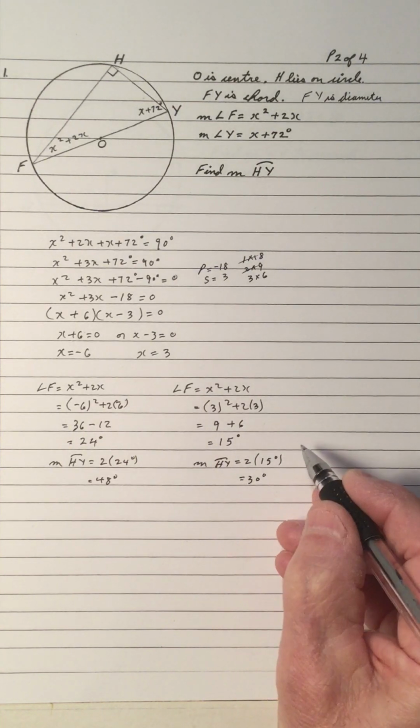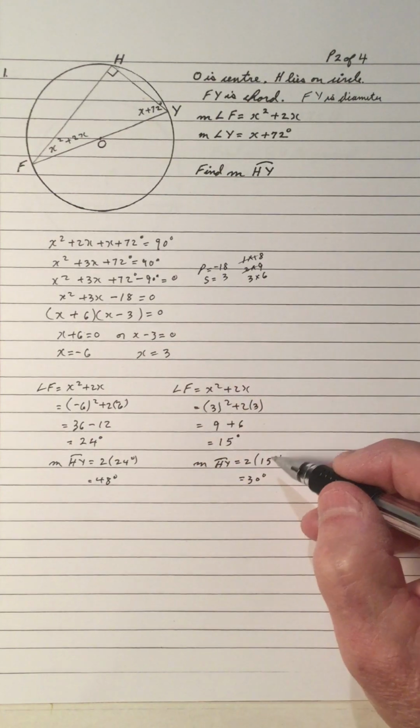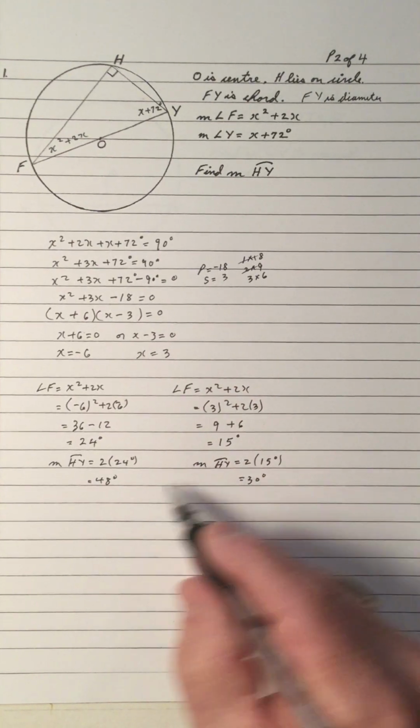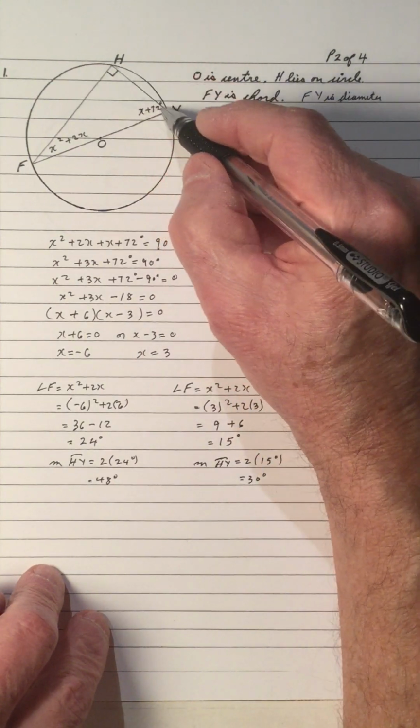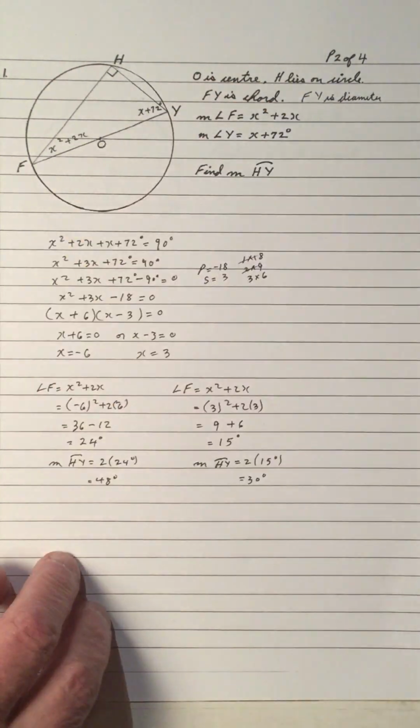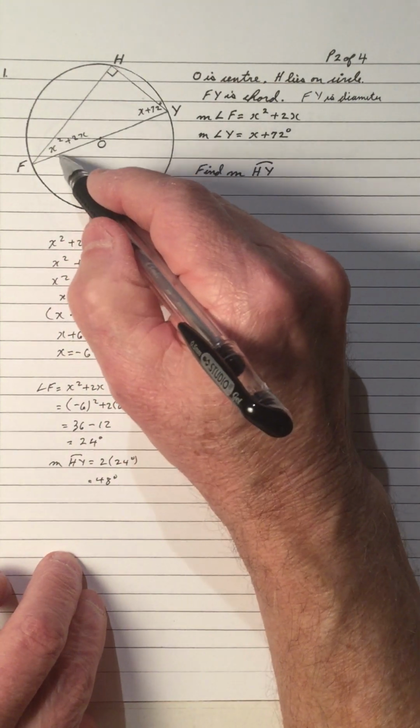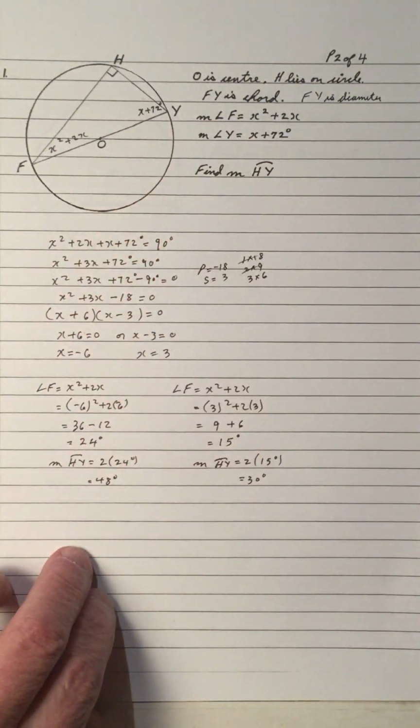So there are 2 possible answers because of the quadratic. And again, this arc is twice the inscribed angle, or the inscribed angle F is half this arc. Okay, that's one problem done.